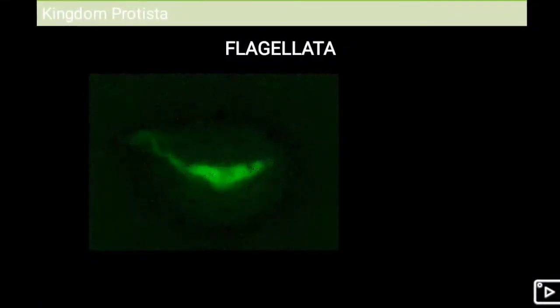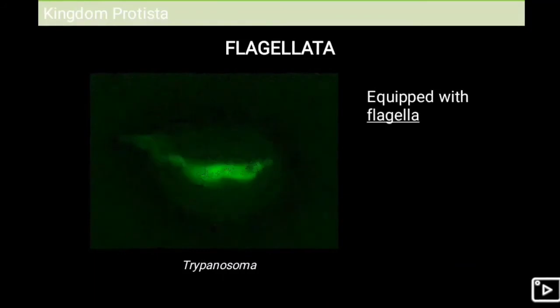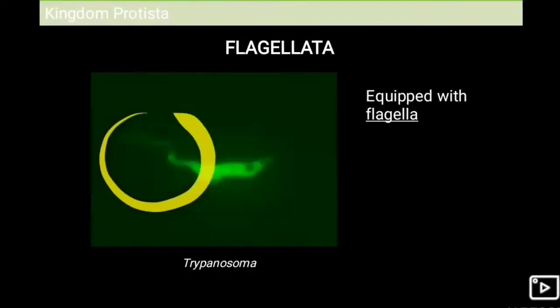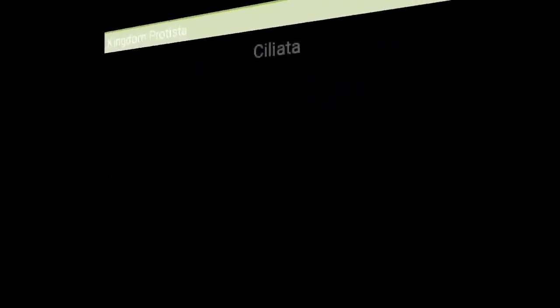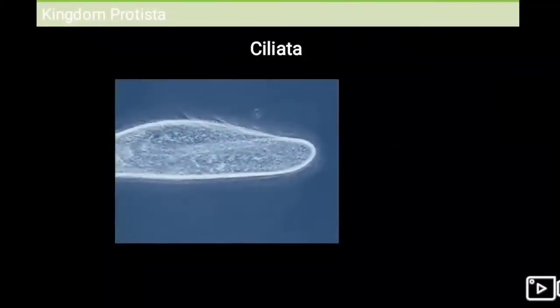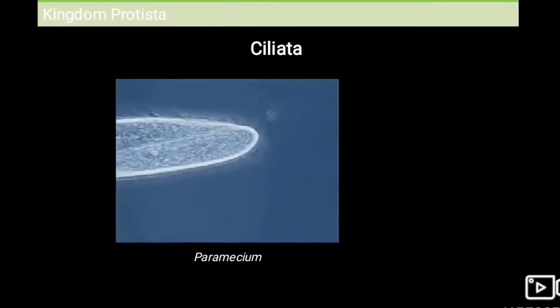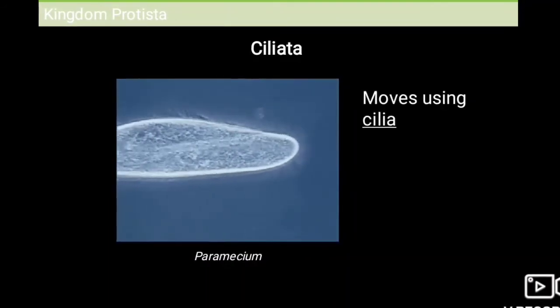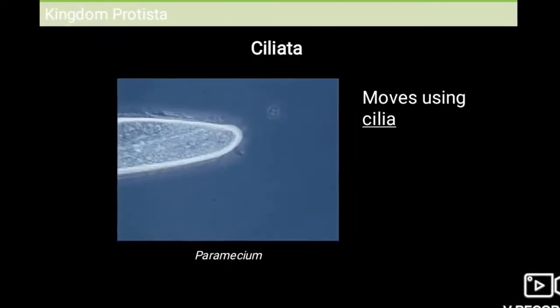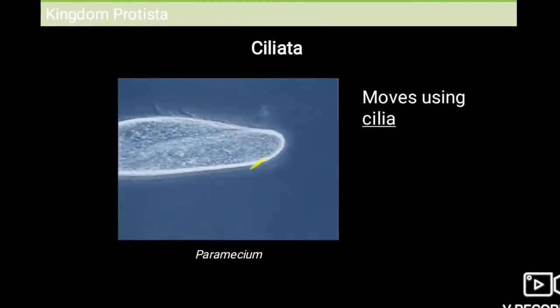The next group is Flagellata. The example of Flagellata is Trypanosoma. They are equipped with flagella, and this is the flagella. Ciliata. The example of Ciliata is Paramecium. They move using cilia, and this is the cilia.